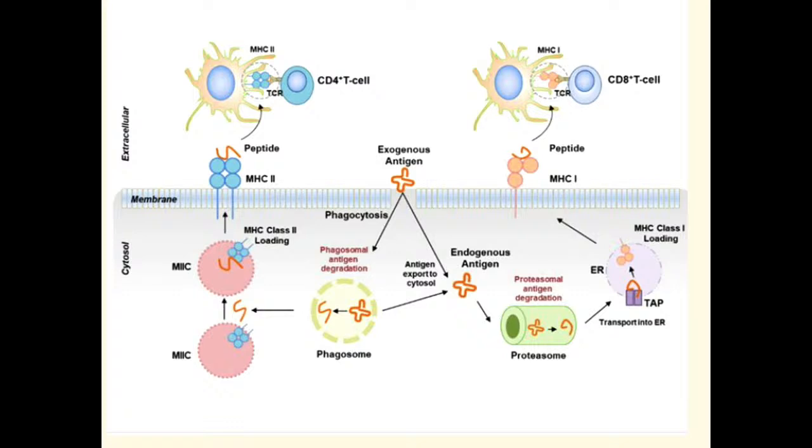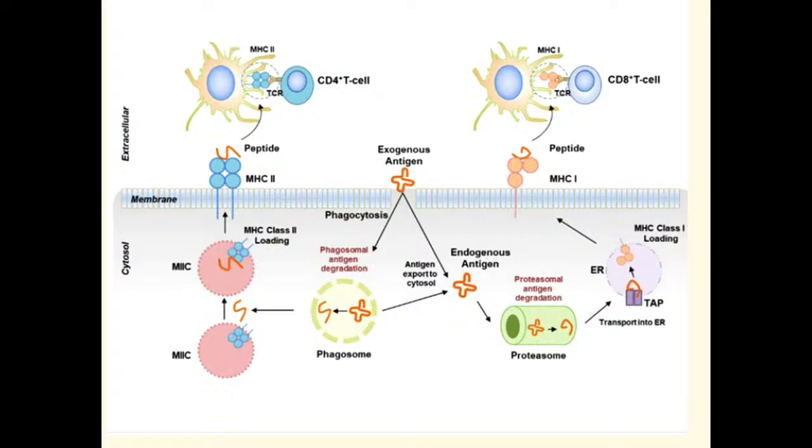As you can see here, the difference between MHC1 and 2 presentation: for MHC2 there's a phagosome or phagolysosomal degradation of extracellular bacteria, and those peptides will be transported to the MHC2 surface in order to present to CD4 T cells.